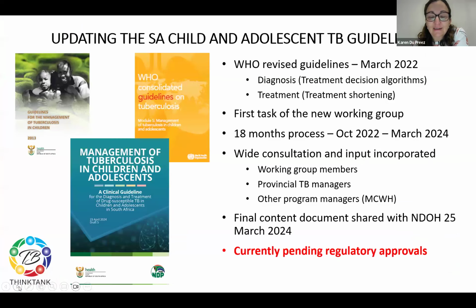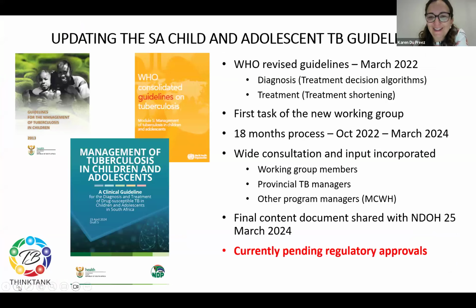This group was there to help the NDoH develop the new guidance for children and adolescents. It was an 18-month process, and everybody who has done any guideline development will tell you that is how long it takes.